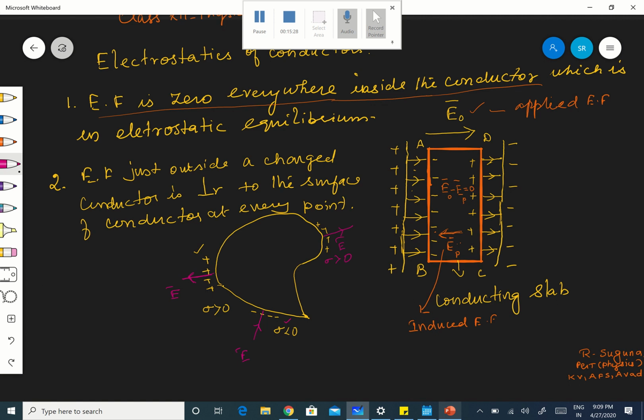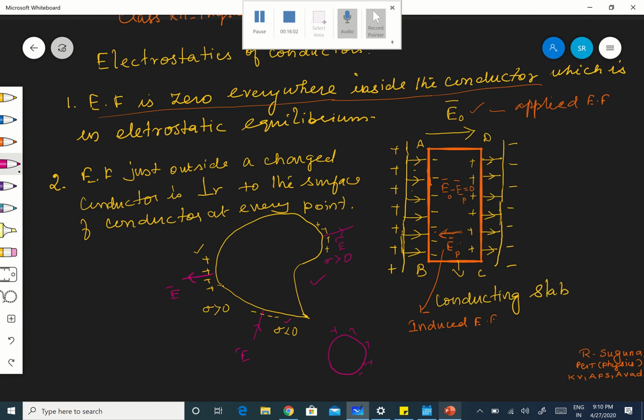Therefore, see, everything is under electrostatic equilibrium. Once charge is given to the conductor, the charges get rearranged. If it is exactly spherical, a highly polished uniform surface, the charges will be uniformly distributed.